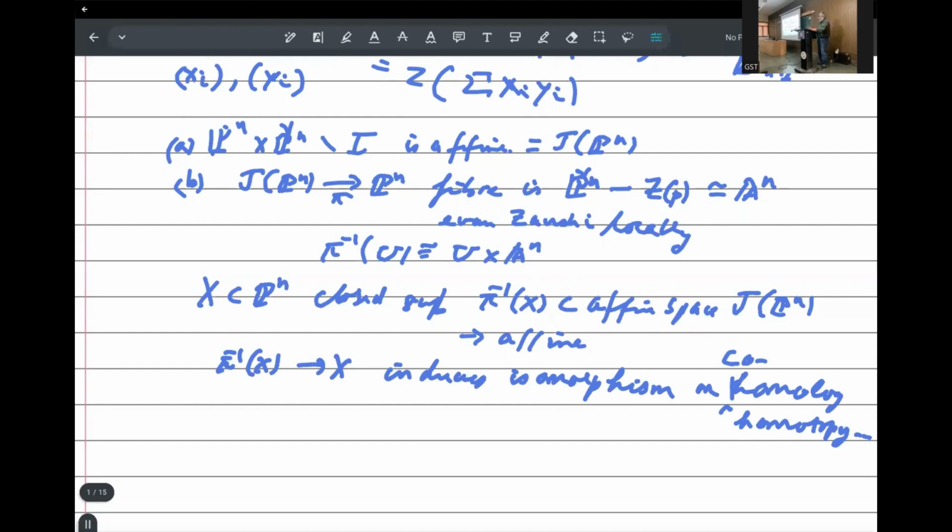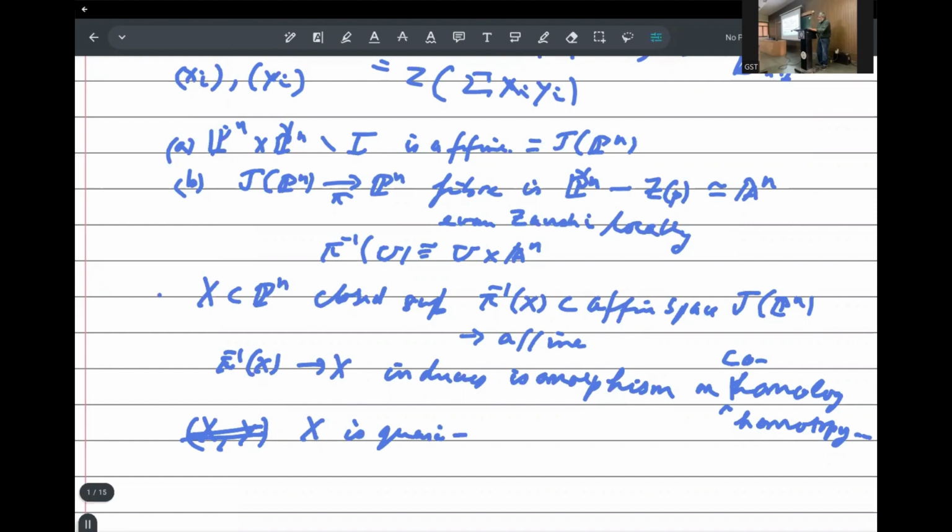varieties. So now what will you do if you have (x, y), and what I want to do is to somehow replace this by something. So before you go to (x, y), let's take the case where x is quasi-projective.